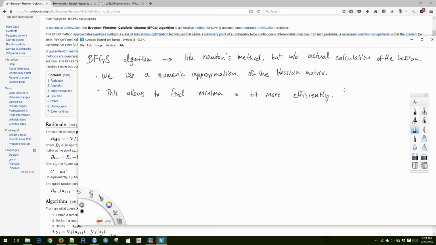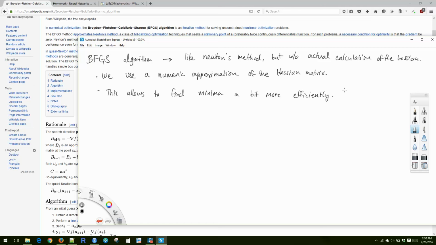One of the problems with gradient descent, which we saw earlier in this class, was that sometimes you would run into the zigzagging problem. I did some more research into it. It's a problem because in that local area, the direction of steepest descent is not necessarily pointing towards the actual minima.